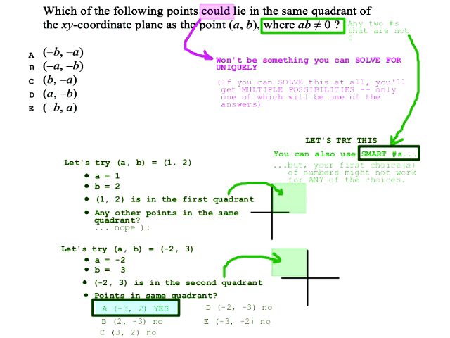Let's see. Any questions about that? What is the difficulty level? That's not a thing that you should ever think about on this test. Totally useless to ever think about that.